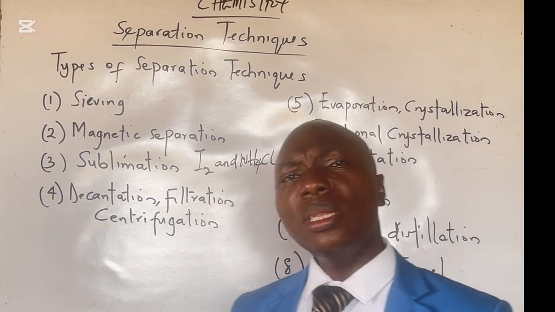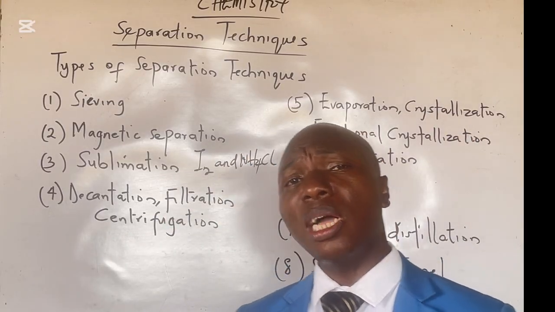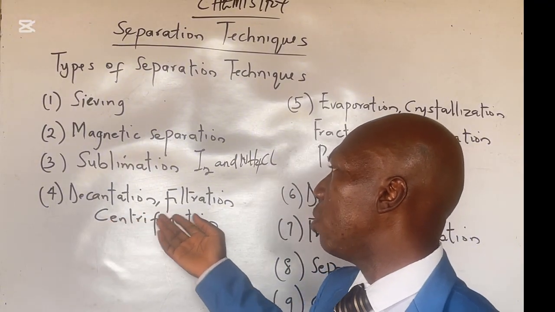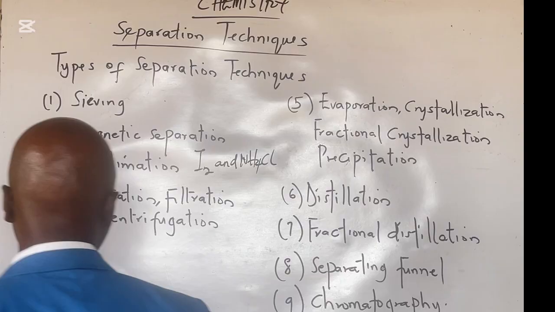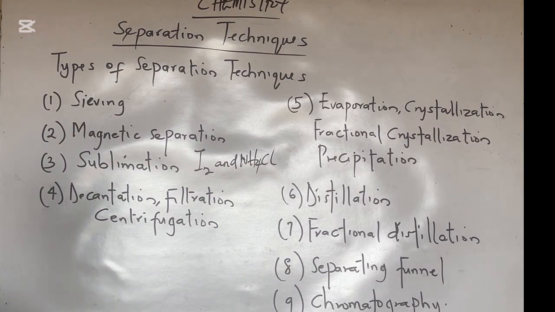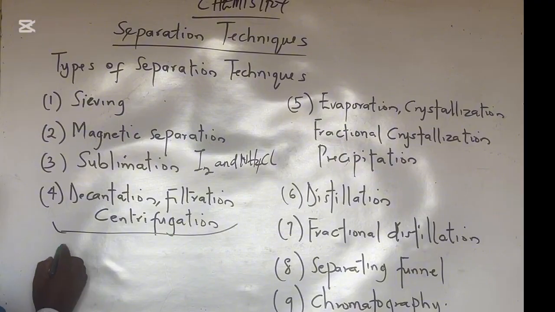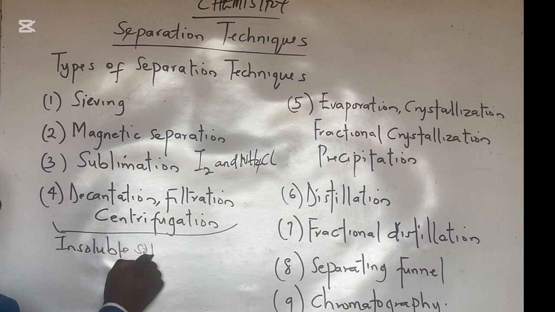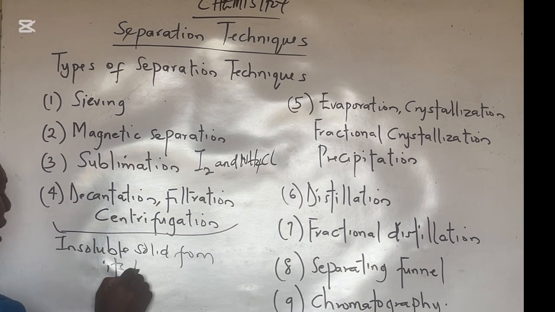After knowing what sublimation can do and the substances that can undergo sublimation, iodine and ammonium chloride, we go to decantation, filtration, and centrifugation. These three separation techniques are used to separate insoluble solid from its liquid.